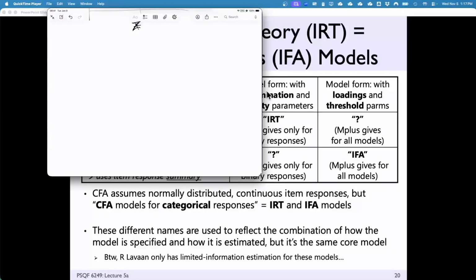There are two differences you'll see out there between the two. Again, if we take logit, the probability of y_pi equals 1 versus probit. In item factor analysis, we often see the linear equation is the same as we had previously.